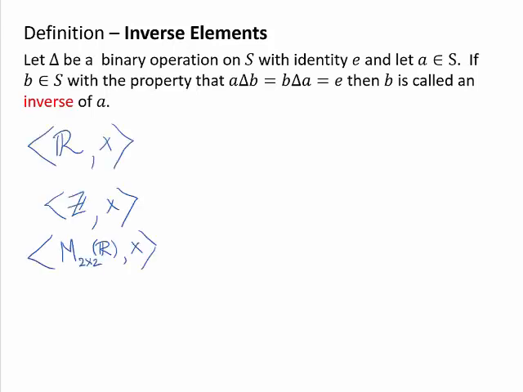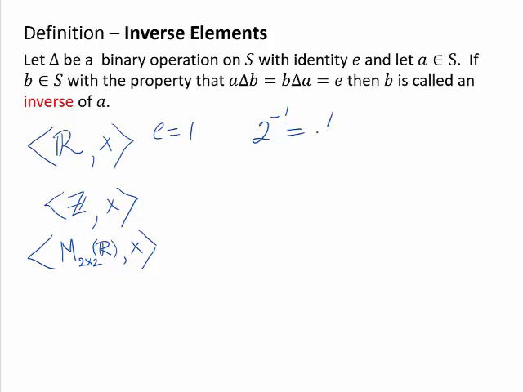Here are some examples. If we take the real numbers under multiplication, we have our identity, of course, E is equal to 1, the multiplicative identity, and all of the non-zero reals have inverses. Notice non-zero. For example, I could say 2 inverse is equal to 1/2.